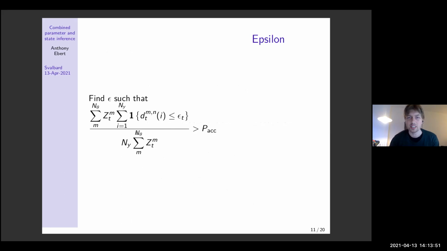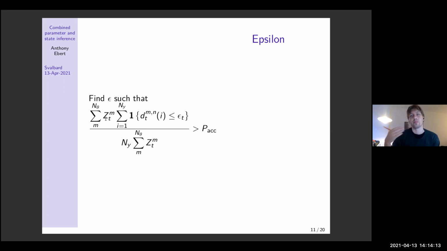And so this is basically the amount of distances that are less than this epsilon, right? And it's weighted with this z, because z is the weight that we're given each fixed parameter proposal, right?